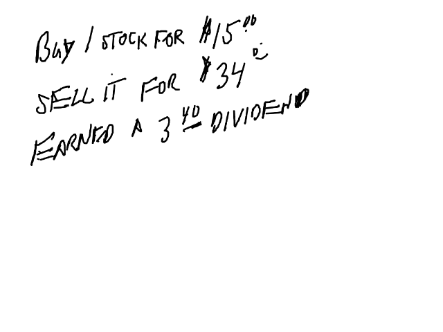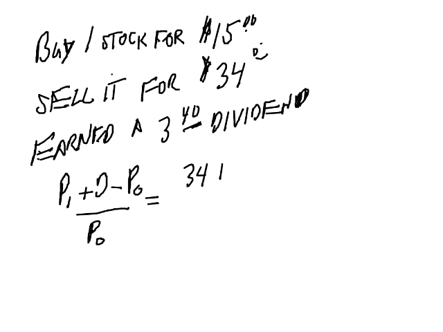All right, if I take the formula, which was P1 plus the D minus the P0, divided by the P0, P1 is the ending price, $34. I add to it the dividend of $3.40. I subtract from it the P0, the starting price, which is $15, divided by that $15.